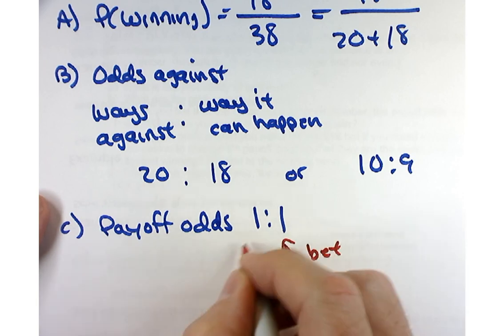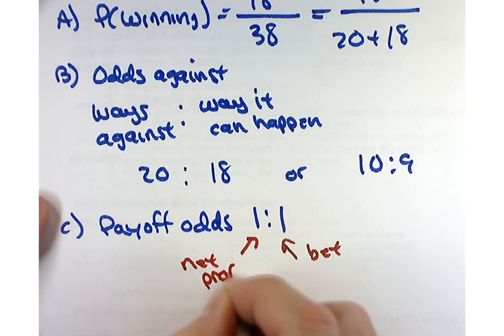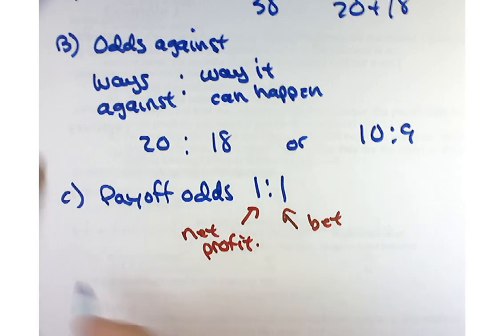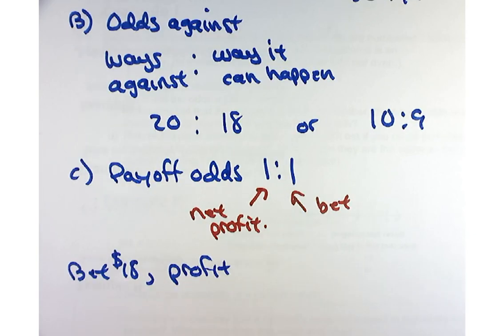Bet and net profit. If you bet $18, what's your profit? At least in the way the casinos typically pay you. 18. You earn dollar for dollar.